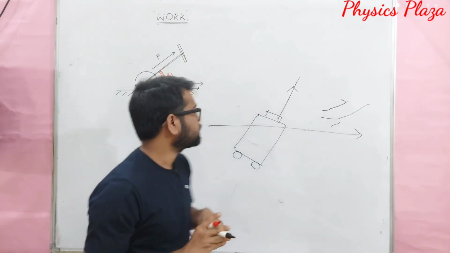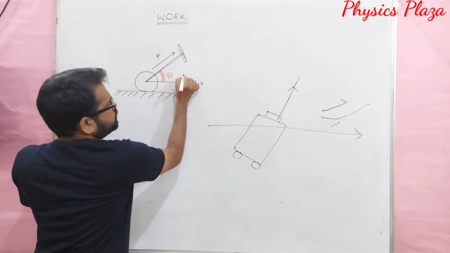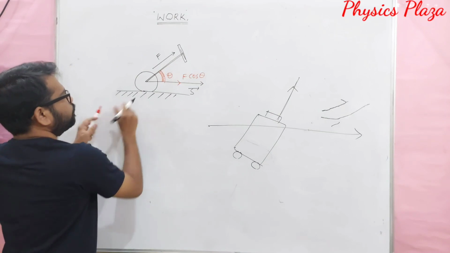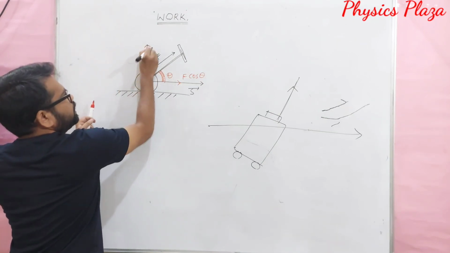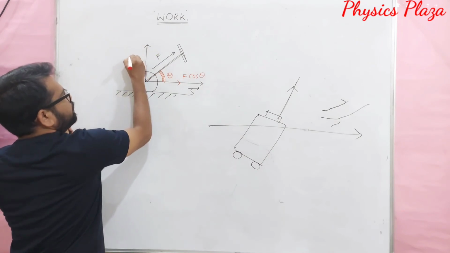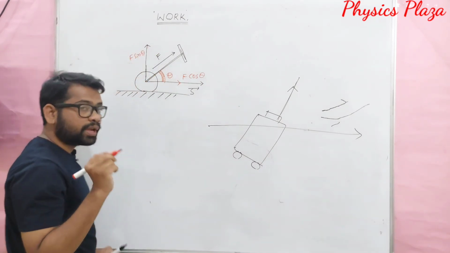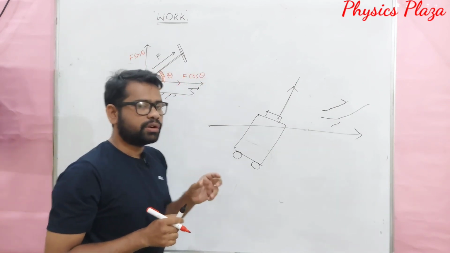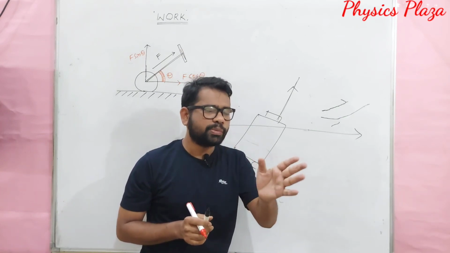According to that concept, the horizontal component of the force will be F cos theta, and the vertical component of the force will be F sin theta. Then which component of the force should be considered, F cos theta or F sin theta? We should consider the component of the force which is in the direction of displacement.